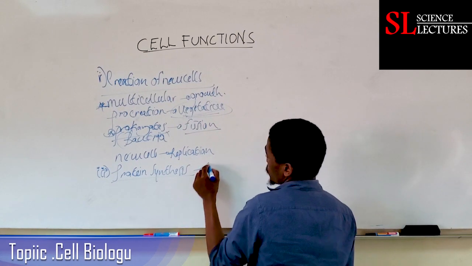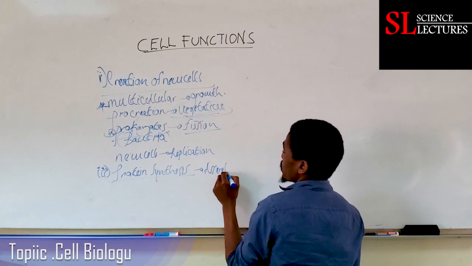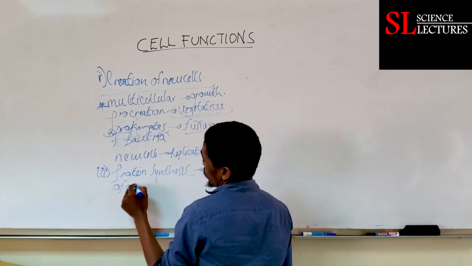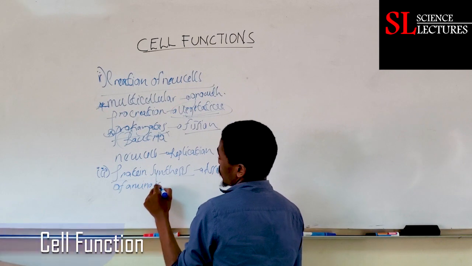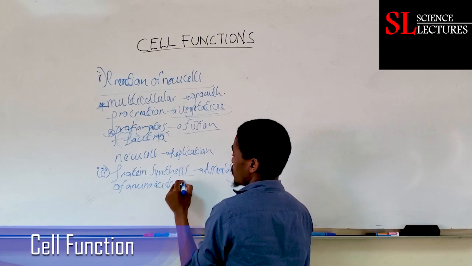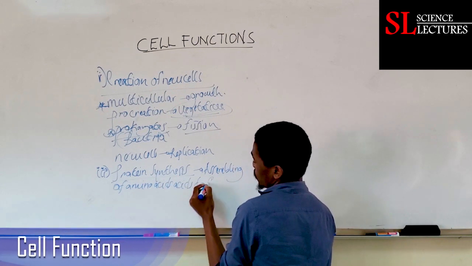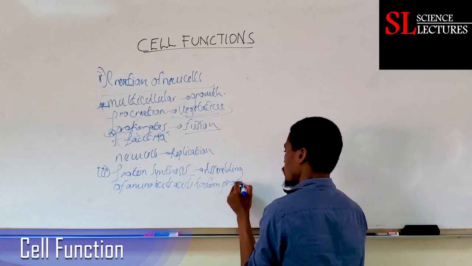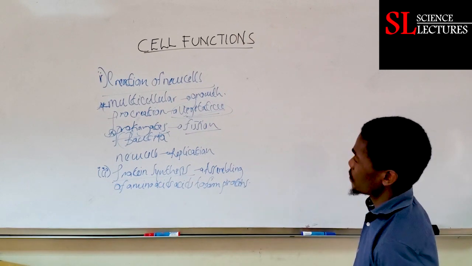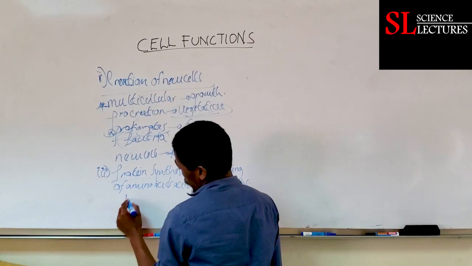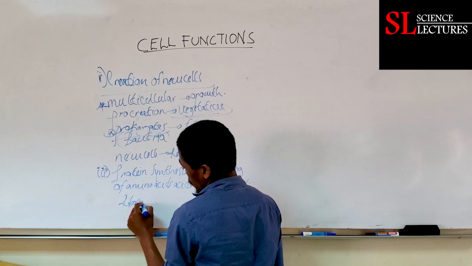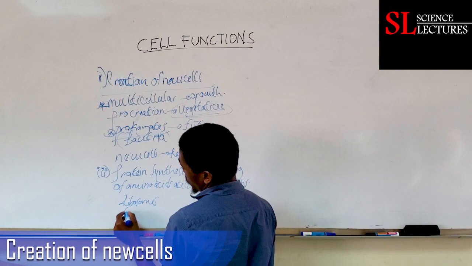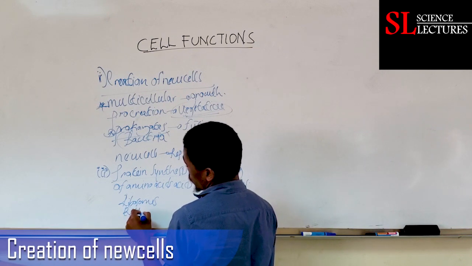Protein synthesis involves assembling amino acids to form proteins. And protein synthesis is effected by the presence of ribosomes. Then the different types of RNA are also involved.